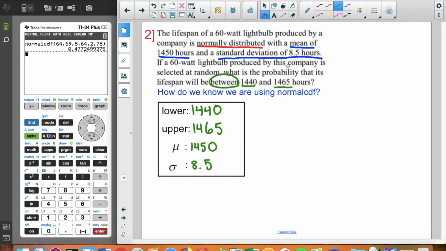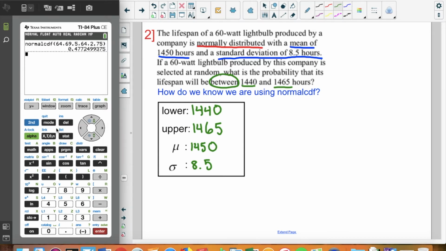I know the question did say what is the probability that it will be between this, but remember, percent is a form of a probability. Probability can be represented as a fraction, a decimal, and a percent. So keep that in mind. That's why we're using normal CDF as opposed to any other procedure.